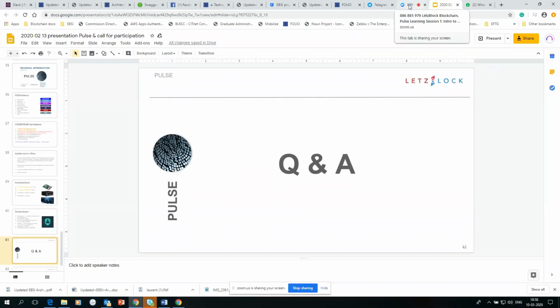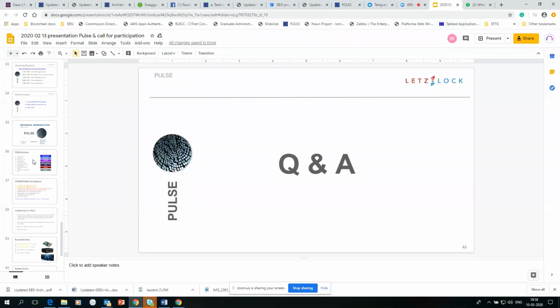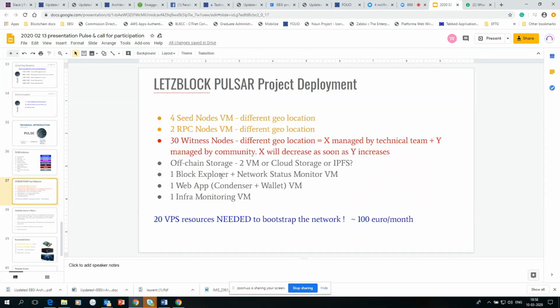So Catherine is asking if there are any requirements, capacities for the node operators. If we talk about technical requirements, yes, we have this kind of recommended requirements. If we talk about other kinds of requirements, probably how to register, who is allowed to run a node, here should be more a discussion about member or not member or LetzBlock. I don't know.